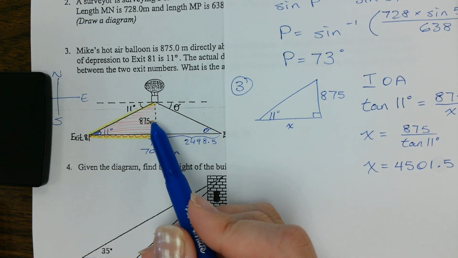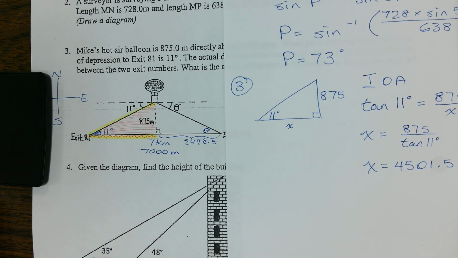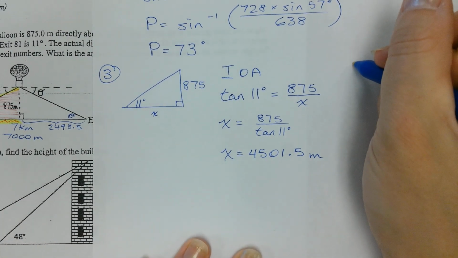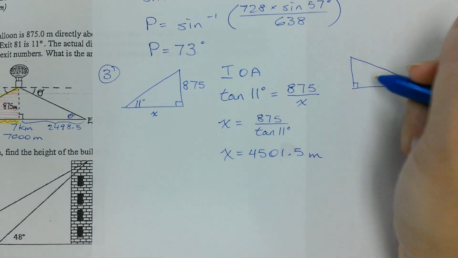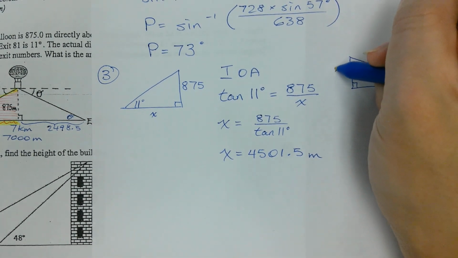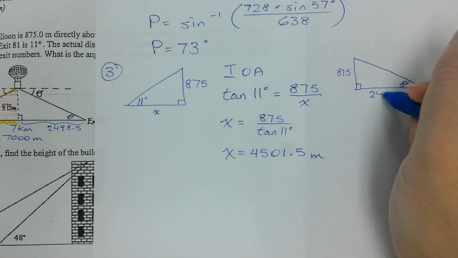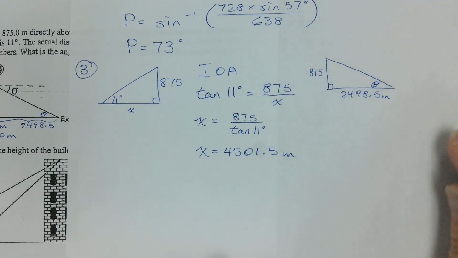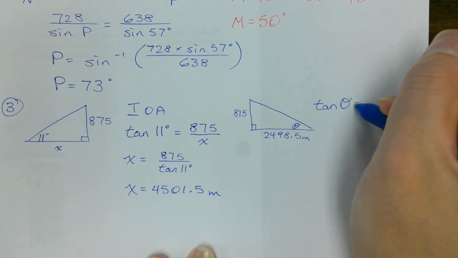Okay. And then because I know opposite and adjacent, I can find the angle now of that. There are different ways to solve this question. You could solve for something else and then use sine law. I just think SOHCAHTOA is easier if you have the choice. Okay, so 875, and then this is 2,498.5. Okay, so opposite over adjacent is tangent again, but this time we're looking for the angle.